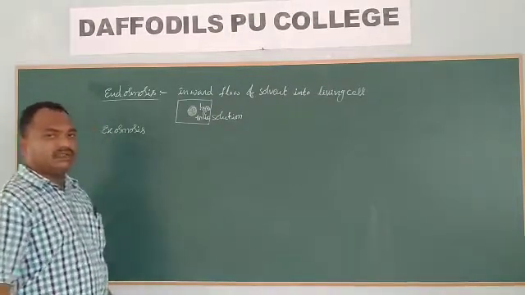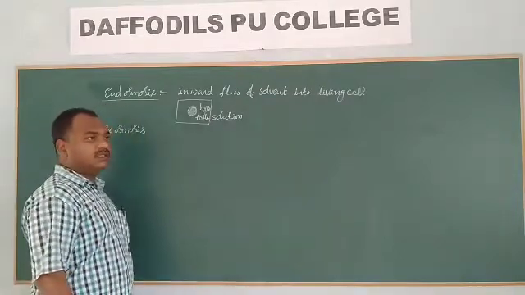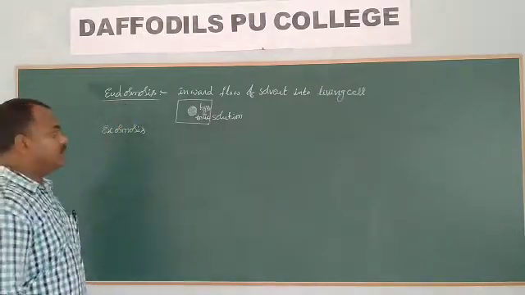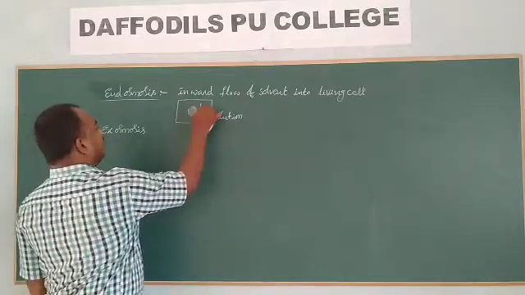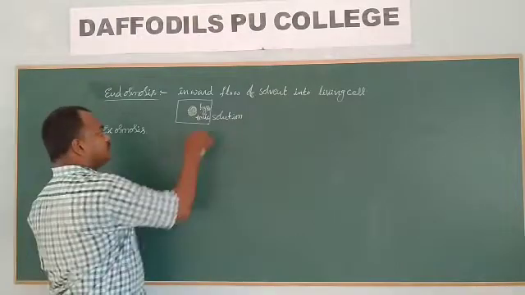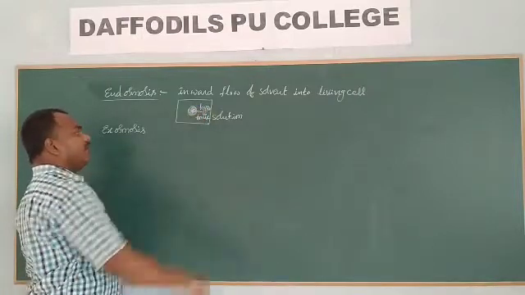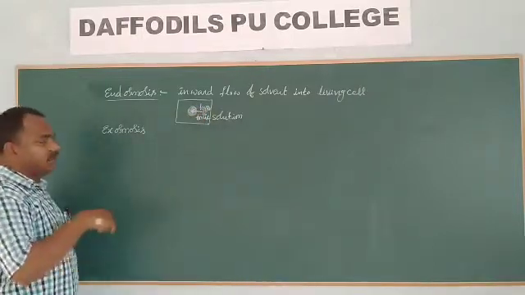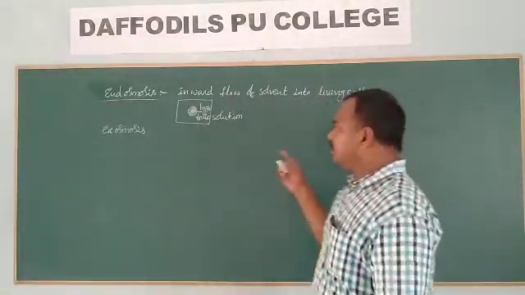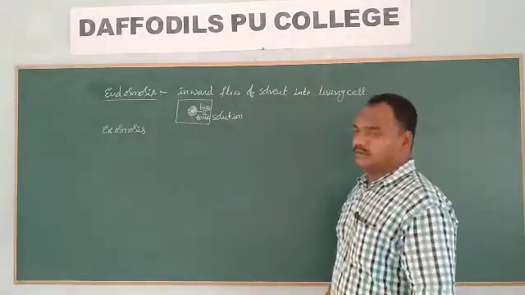Osmosis is a process in which solvent molecules enter from less concentrated solution to more concentrated solution. Which is the less concentrated solution? Hypotonic solution is the less concentrated solution. So water molecules enter from this into the cell. When solvent molecules enter the cell, what happens to the size of the cell? The size of the cell increases, and finally the cell is going to burst. The cell bulges and it bursts.